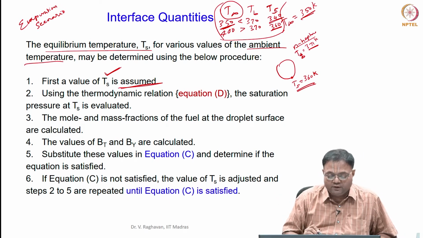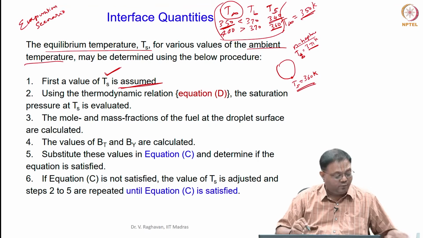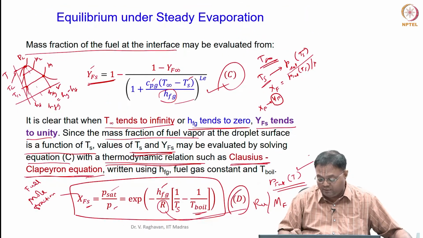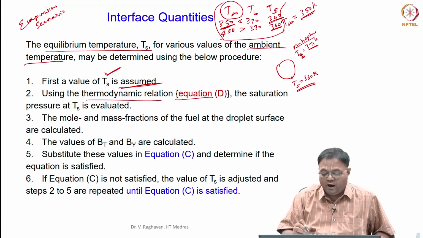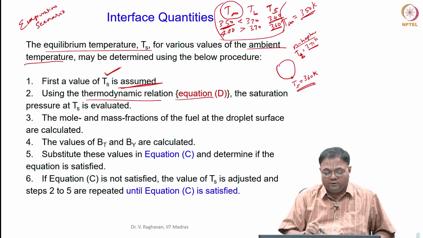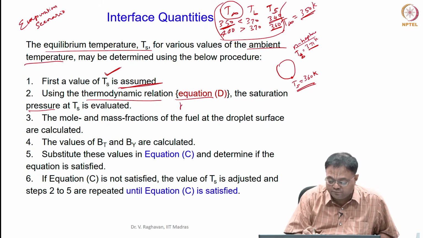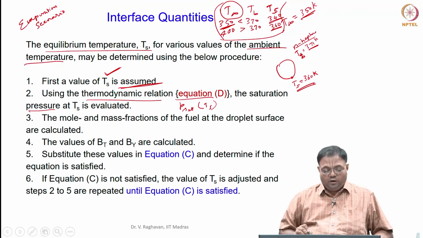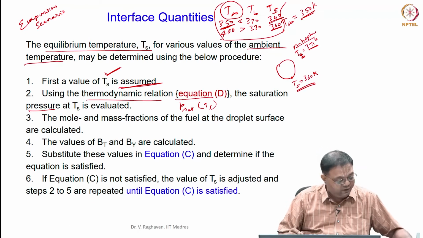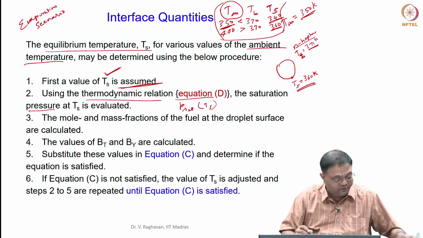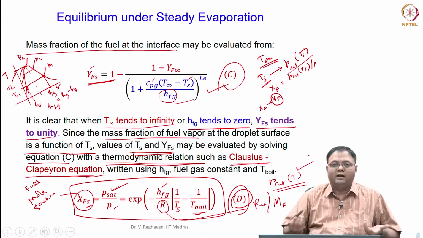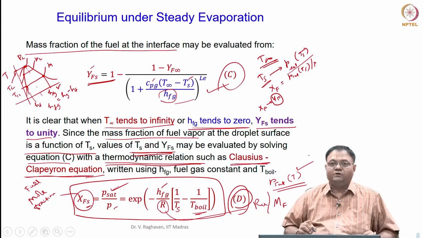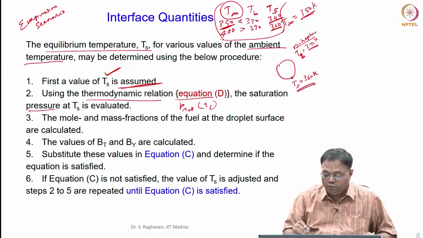Then use equation D, the classical equation, the thermodynamic relationship, and find the saturation pressure Psat at this Ts. Okay. Now, Psat is known, so find the mole fraction. Once you know Psat, equation D is used again. So, Psat is calculated, and XFS, the mole fraction of the fuel, is calculated straight away. So, now you know the mole fraction.